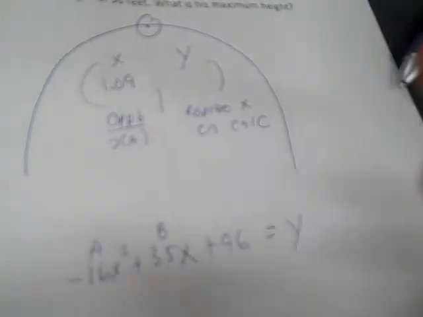Now to find the max height, you replace x on the calculator with this value. So negative 16, parentheses 1.09 to the second, plus 35, parentheses 1.09, plus 96, 115. Okay, that's max height, 115 feet. Okay, and that's really all I have to say on that. Hope it's been informative.